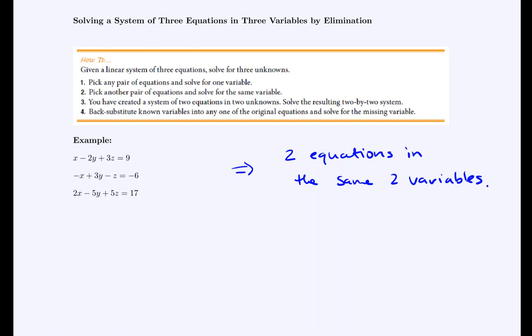And once we have that, then we're going to solve that system of equations just like we did in our last section. And you'll get the value for the first variable and the second variable. Once you know those two, you can substitute back into one of the original three to find the missing third variable. So as you think through these problems, your first goal is to turn it into a two variable and two equation problem. And from there, it's repeating a process that we've already practiced.